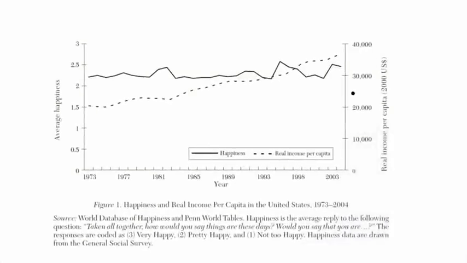The chart you're looking at has become very, very famous. It shows two lines going back to the 1970s, and this is data for the United States. The dashed line shows what's called real income per capita.